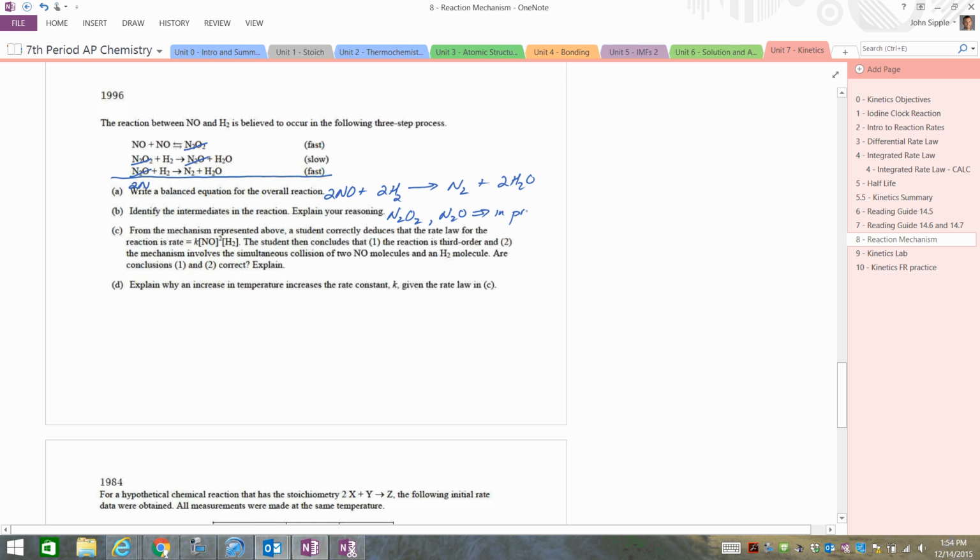They're in products and reactants of elementary steps and are used up. Okay, they're used up during the reaction.